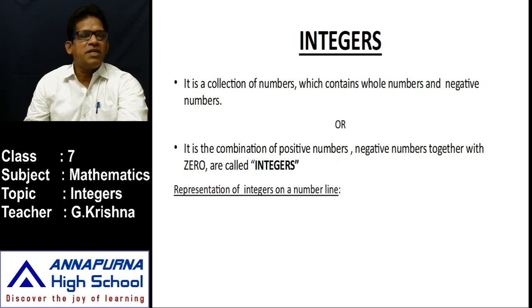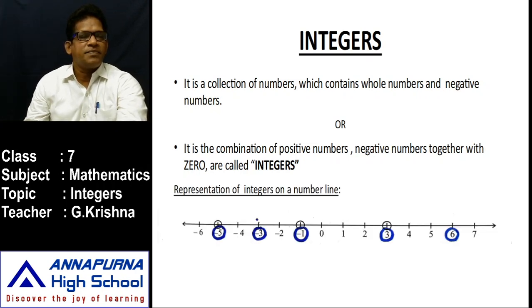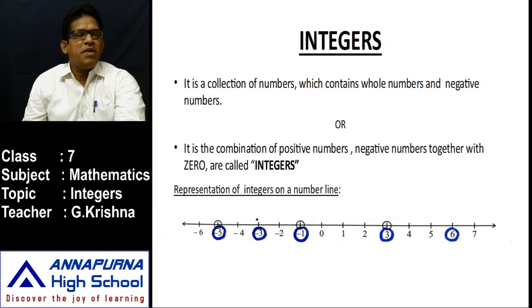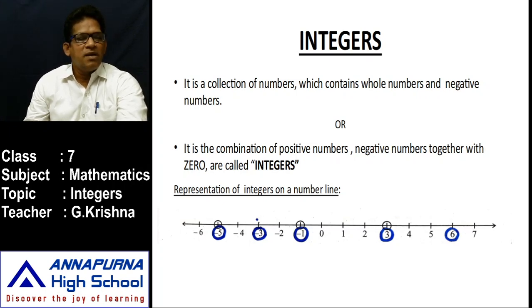Now how do we represent integers on a number line? Here some integers are marked on the number line. Already you are very familiar with the number line. On a number line, the numbers on the right of 0 are called positive numbers, and those on the left of 0 are called negative numbers.